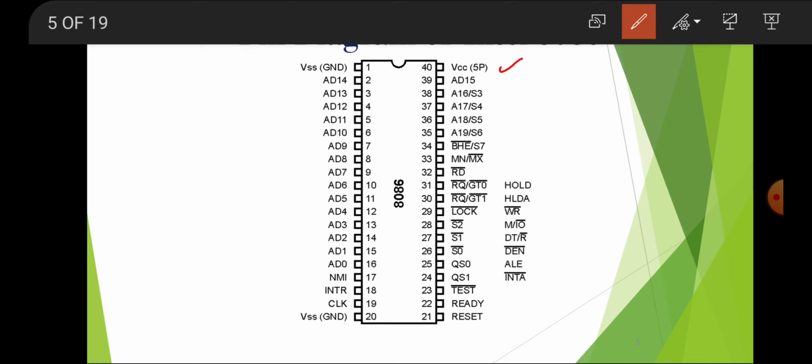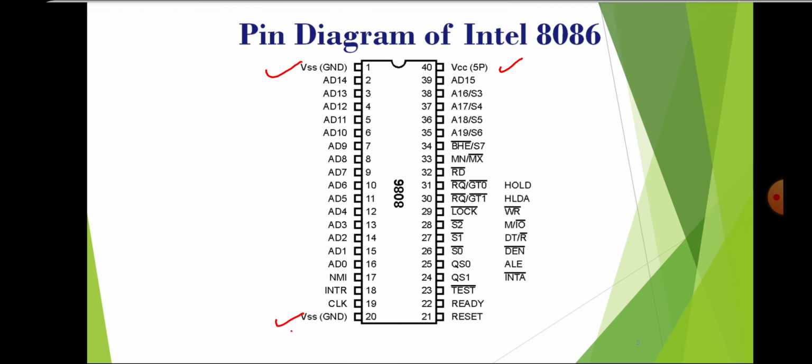Along with the 5-volt VCC, there is VSS, or we can call it ground. Pin number 1 and pin number 20 are both ground. So you can connect the ground to either pin, 1 or 20. So there is a VCC and VSS ground.